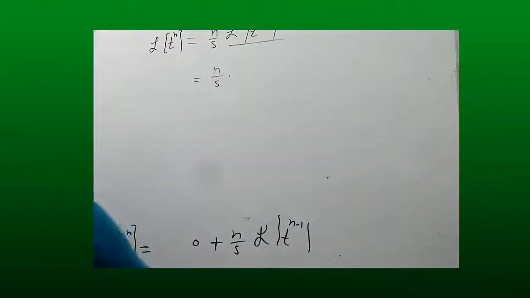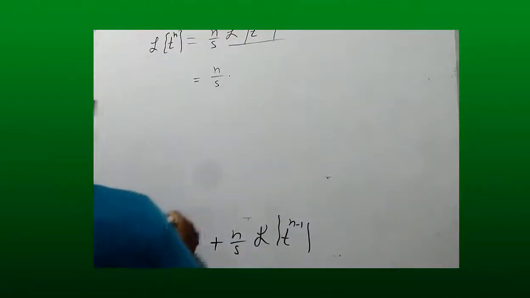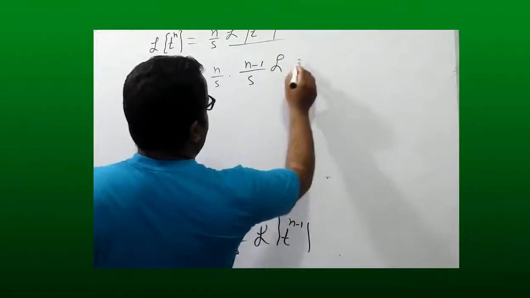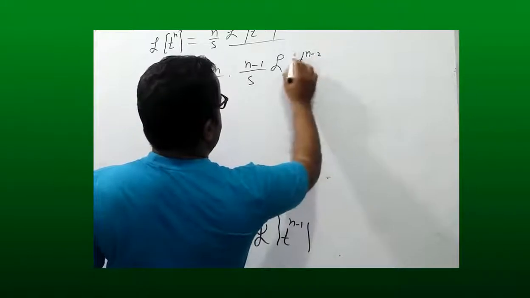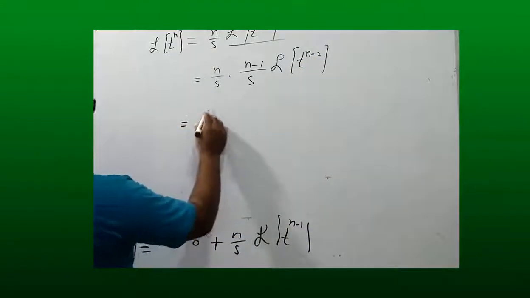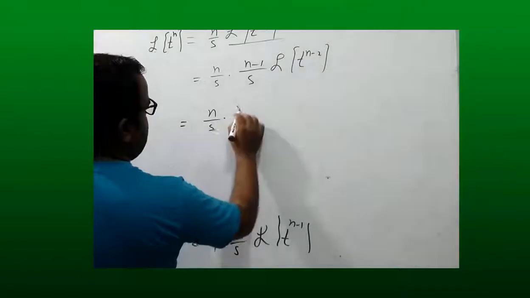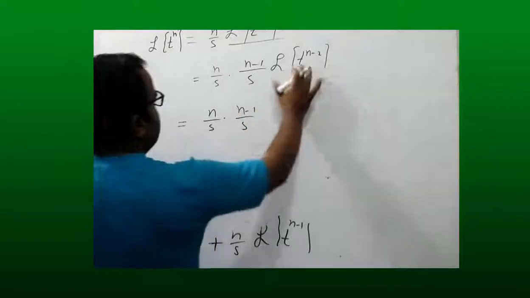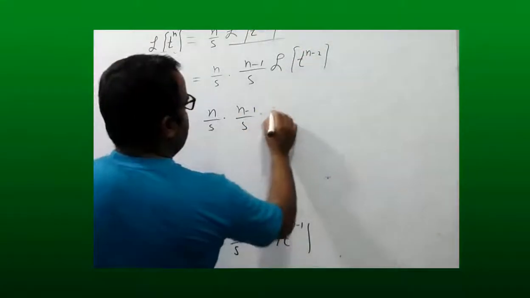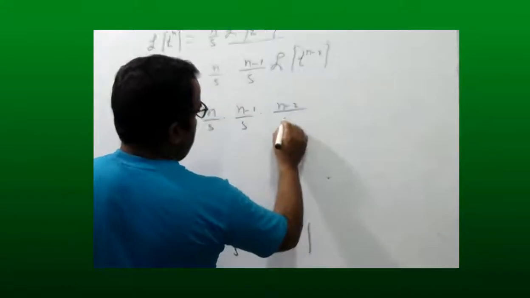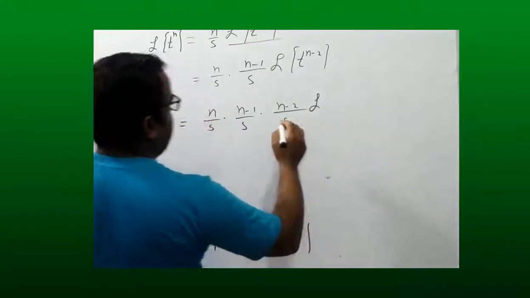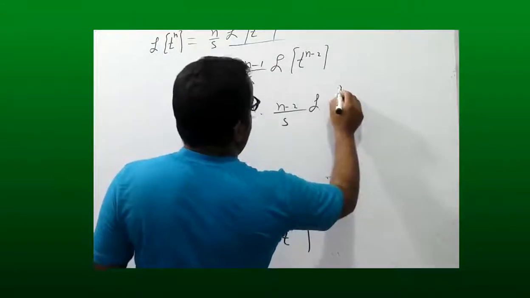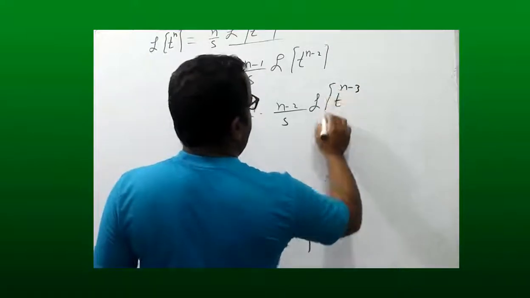When we find the Laplace of t raised to the power n minus 1, it will be n minus 1 over s, and Laplace of t raised to the power n minus 2. So again n minus 1 over s. When we find the Laplace of t raised to the power n minus 2, it will be n minus 2 over s, and the Laplace of t raised to the power n minus 3.